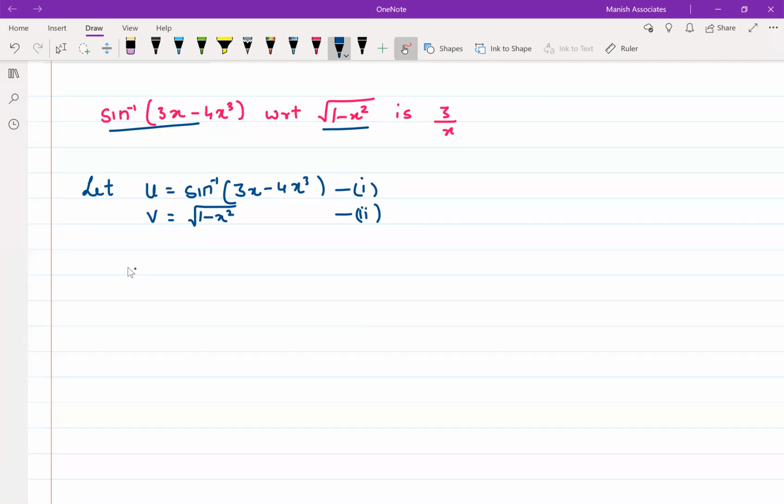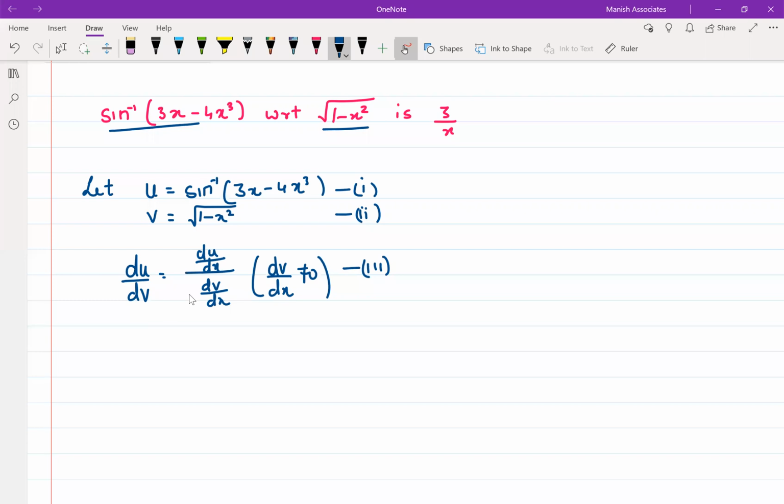So in short, I'm supposed to calculate du by dv. And because x is the parameter, I can write it as du by dx the whole upon dv by dx, where obviously dv by dx cannot be equal to 0, and let us call it relation number 3.